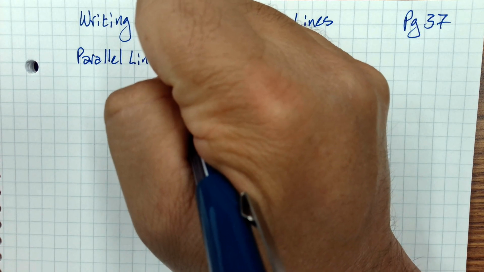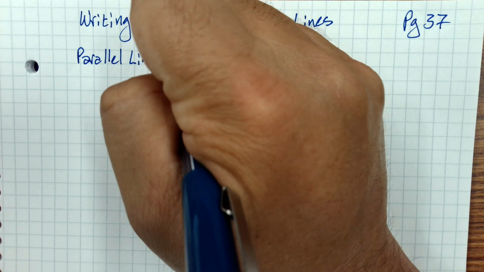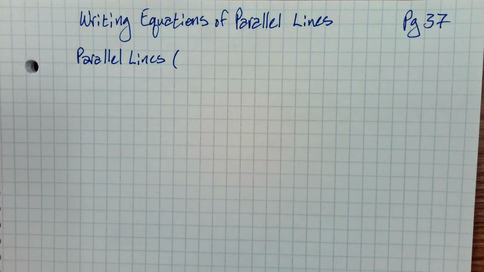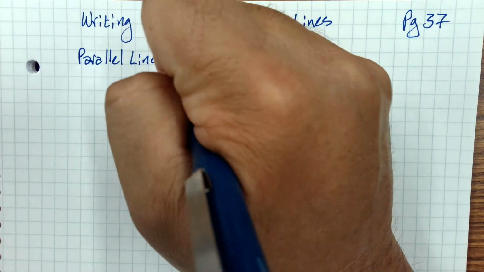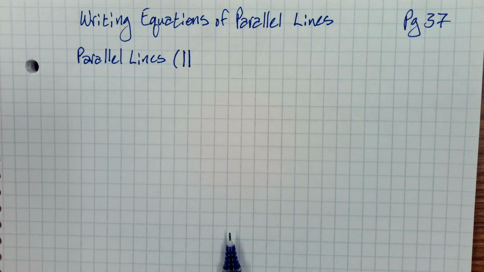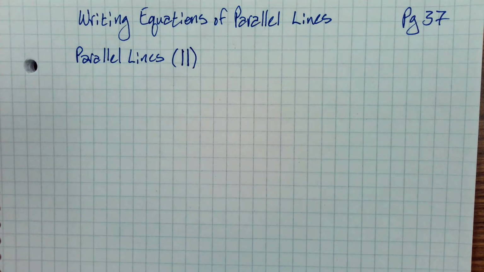You know, in math, we love our symbols, right? So the symbol, I'll put it in parentheses for you. Whenever I want to use parallel or parallel lines, I'm just going to put this. It's like having absolute value symbols right next to each other. Two of them. Very descriptive.